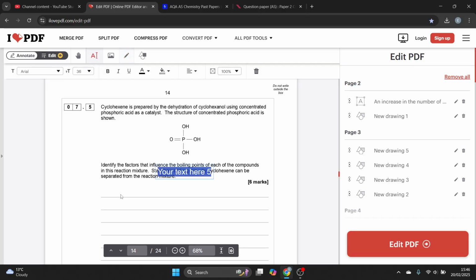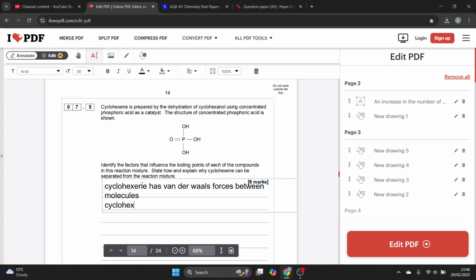Identify factors that influence boiling points of each of the compounds and explain why cyclohexene can be separated from the reaction mixture. So cyclohexene has van der Waals forces between molecules. Cyclohexanol has hydrogen bonds between molecules. Phosphoric acid has hydrogen bonds between molecules.